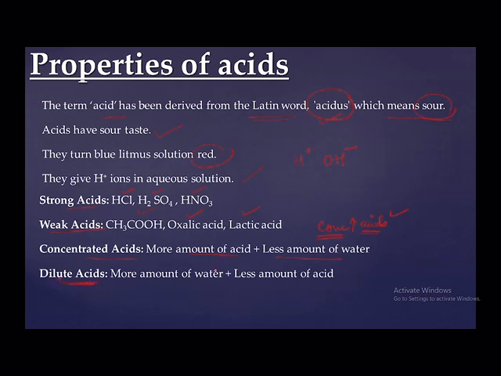Dilute refers to a solution having more water and less concentration of acid. In most experiments in the laboratory, we generally use dilute acids because they are not as corrosive as concentrated acids.